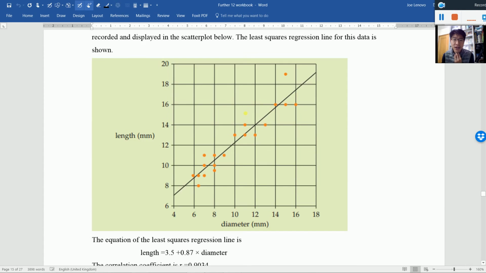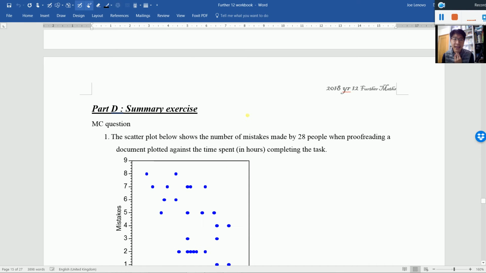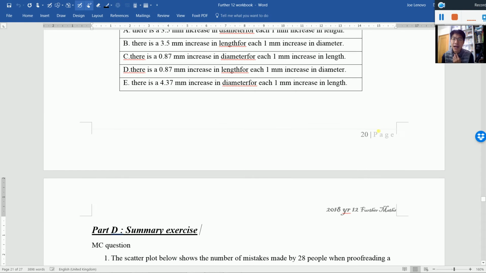Part D is a summary exercise. For the summary exercise, I don't really expect you to do all of it. Just try your best. If you couldn't finish all the summary exercise, it is okay. But up to page 20, I would expect you to finish by then.